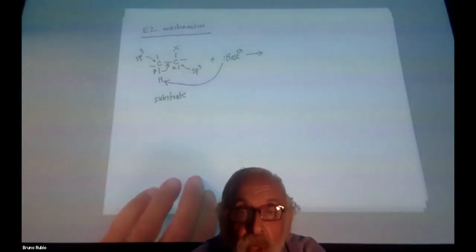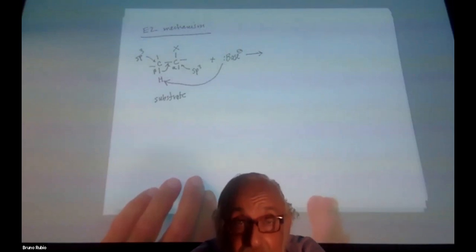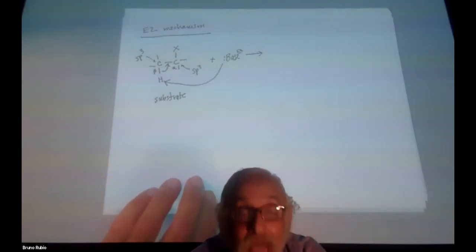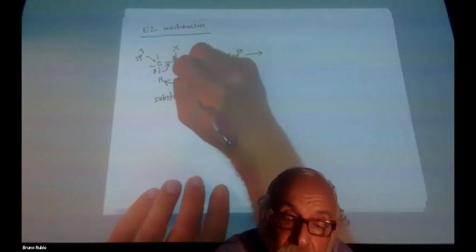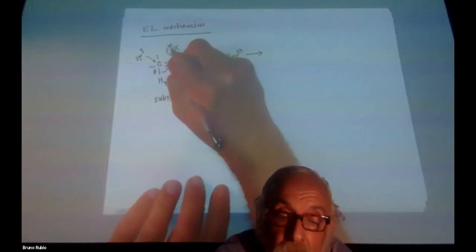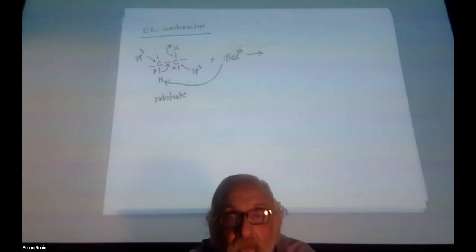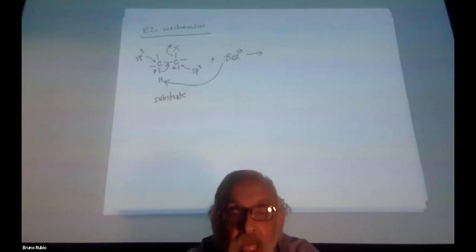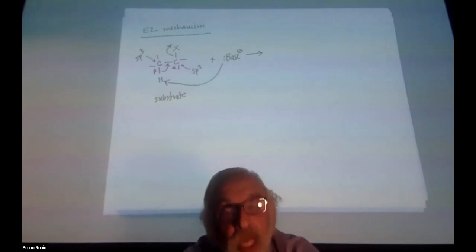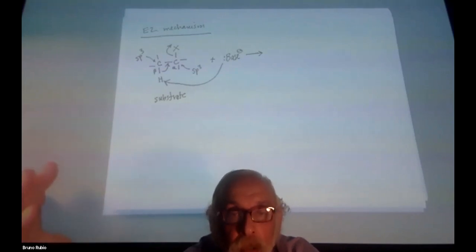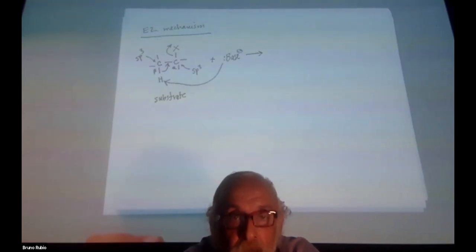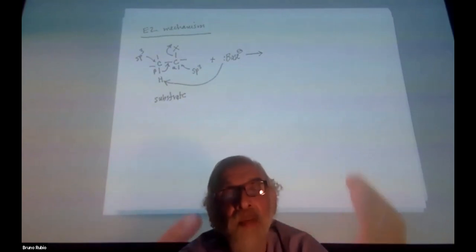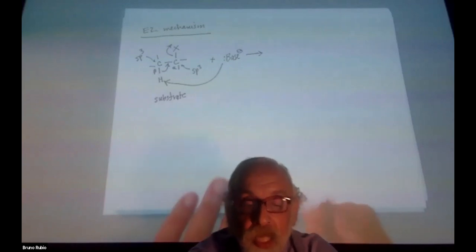So you see, this is a way of making an alkene from an alkyl halide, and the alkyl halide departs. Remember how the SN2 was one step? The E2 is also one step, where the base removes the beta proton, a new carbon-carbon double bond forms between alpha and beta, and the leaving group leaves all in one step.